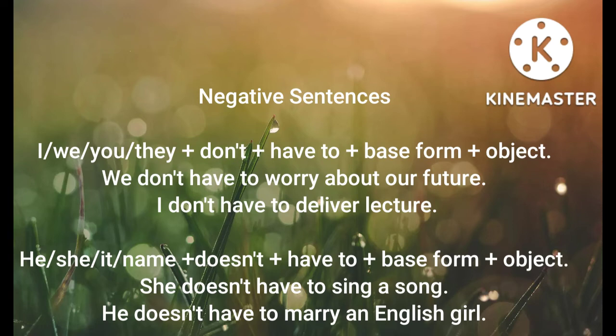Whenever there is already a negative word like does not, even with he, she, and it, we must use have to: does not have to, because we cannot use has to after does not.